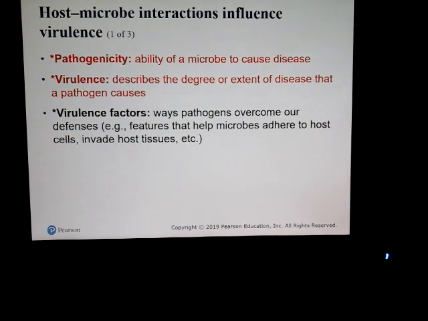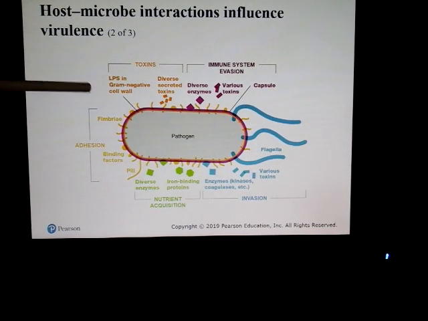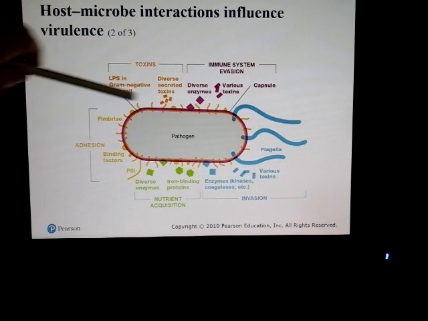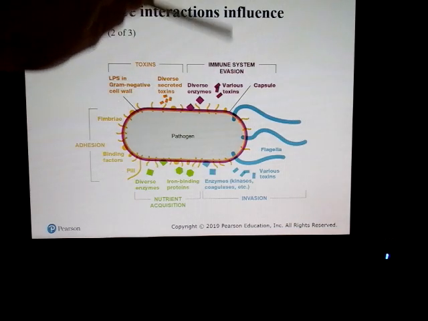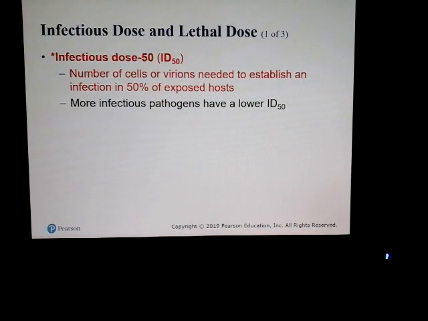Now, there's virulence factors that are out there, and that's how a lot of these microbes overcome our innate types of defenses. So again, this just gives you an idea of some of the things that microbes or pathogens might produce: toxins, quite a few of those, immune system evasion, and they can invade by producing different types of enzymes, etc. So a term also to know is infectious dose 50 or ID50.